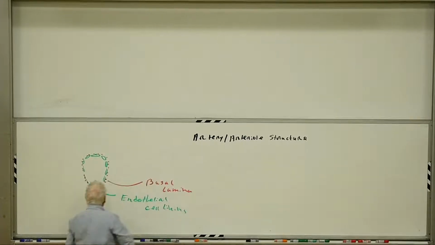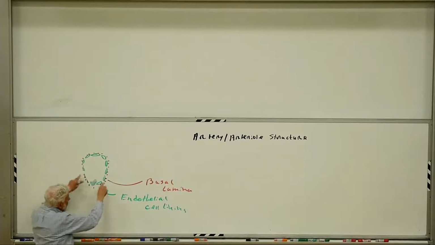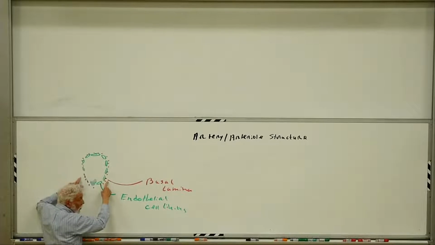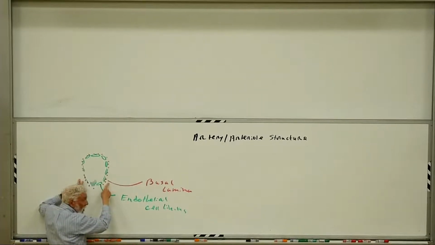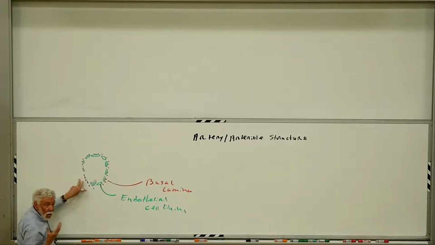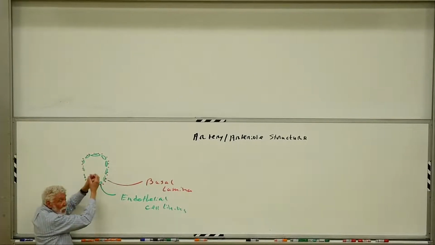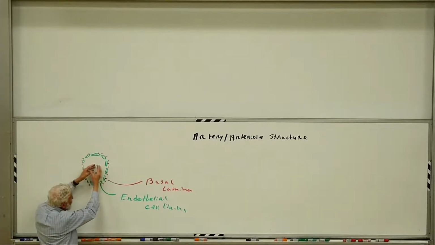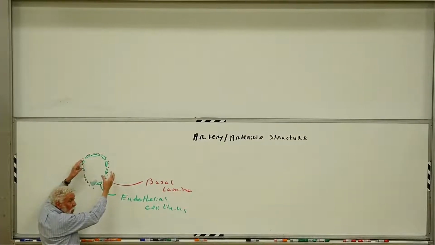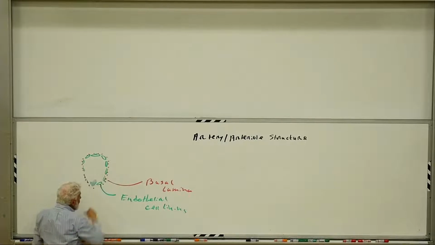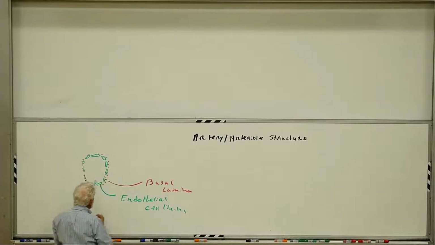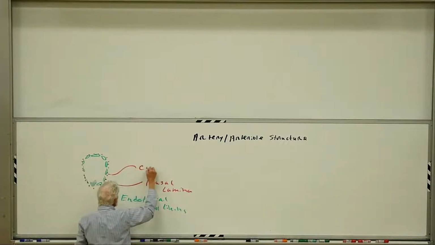And in fact, if you're looking at the major arteries, you'll see there's a connective tissue layer in here that's thick enough that it contains a serious amount of elastin. And that elastin allows, with each beat of the heart, this tube to expand and then impart a little bit of energy when it contracts back again. But this is a connective tissue layer. All of this is connective tissue.